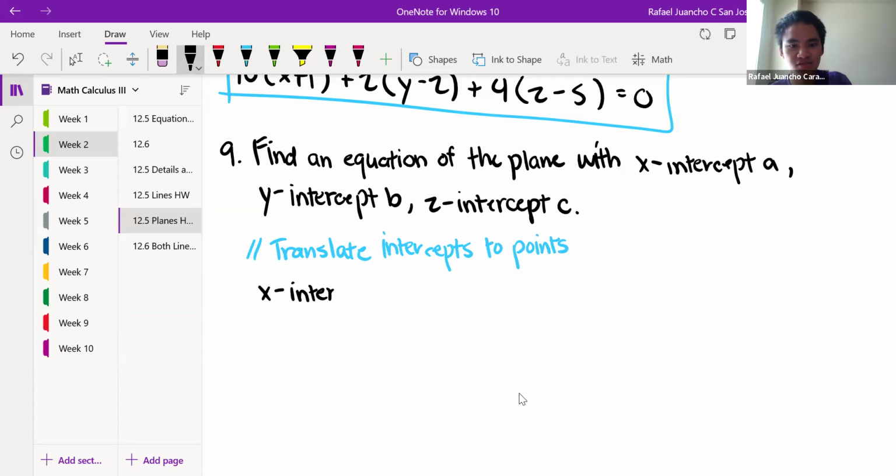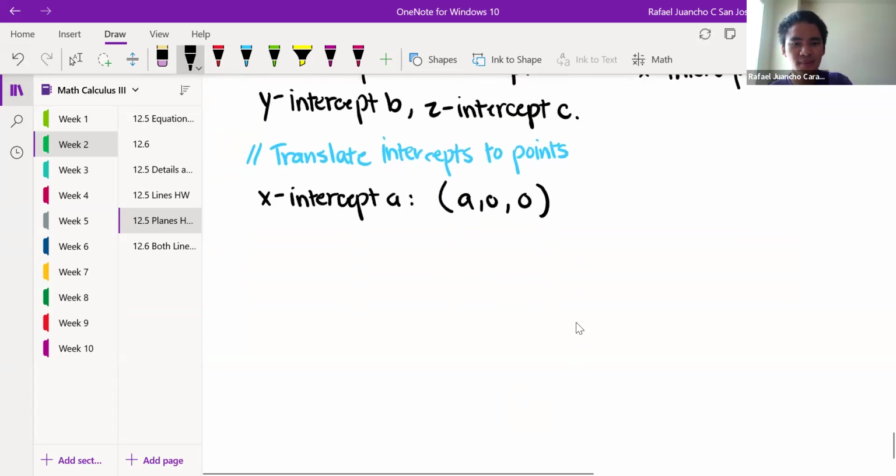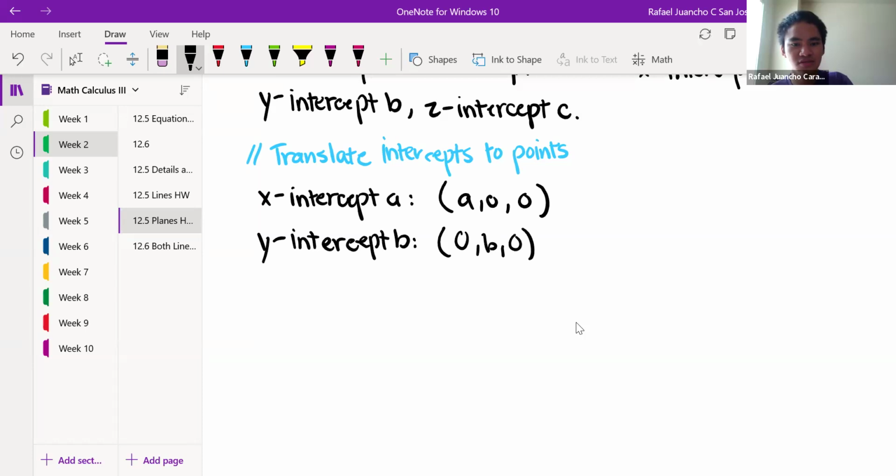Well, if we have x-intercept A, this means the point which has A, 0, 0. Y-intercept B is the point 0, B, 0. Z-intercept C, which has the point 0, 0, C. That's a 0, not U.